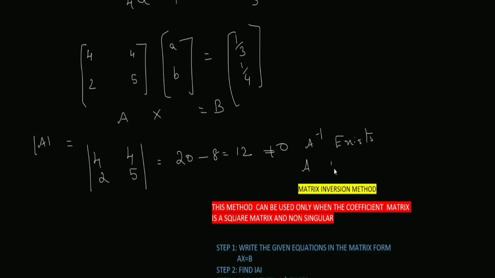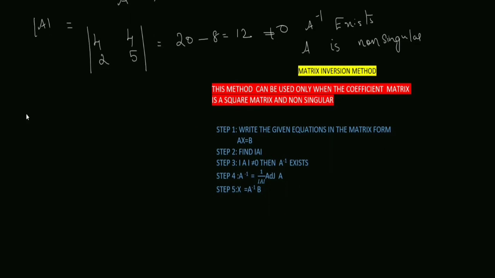Because the matrix A is non-singular. When the determinant value is not equal to 0, then the matrix A is non-singular. If it is non-singular, A inverse exists. So now we have to find A inverse. So A inverse is 1 by determinant of A into adjoint of A.